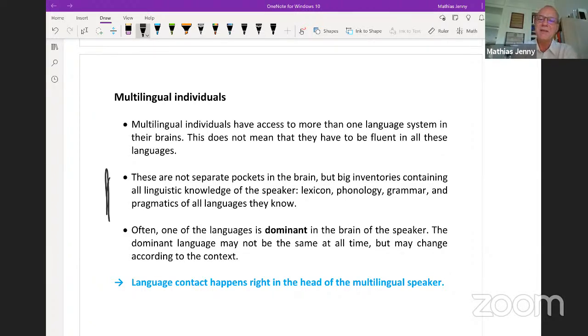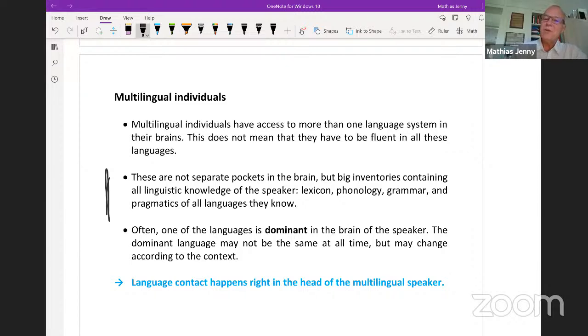Like when you're a child, you may be more fluent in Shan, and then when you go to school and start learning Burmese at school, you start using more Burmese, then Burmese may become the dominant language in your life. But this status of dominant language, most important language, can also change according to the context.